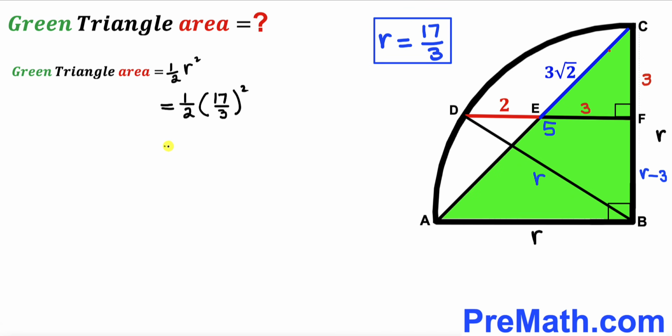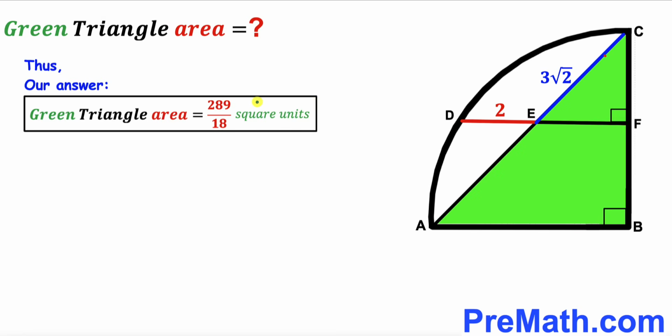Let's go ahead and simplify further. That is going to give us a half times 289 divided by 9, or simply 289 divided by 18 square units, the area of this green shaded triangle ABC.